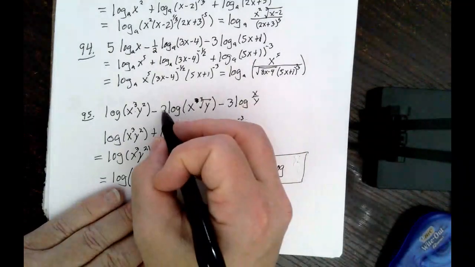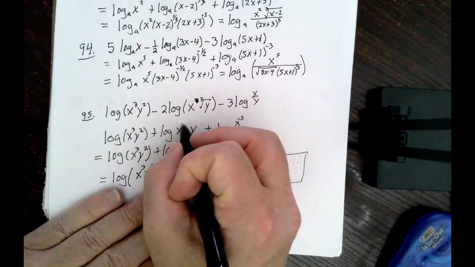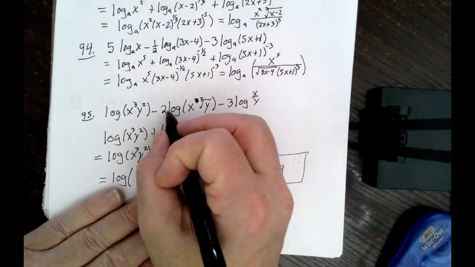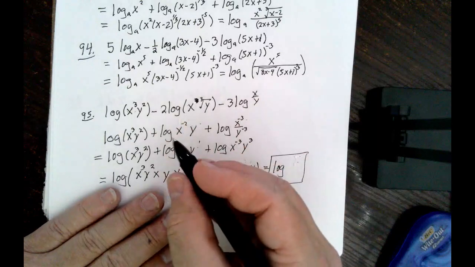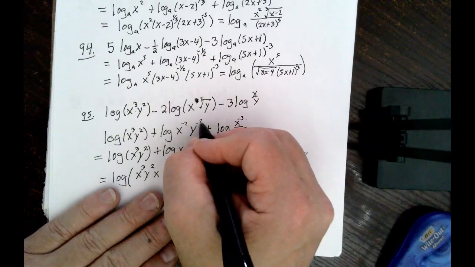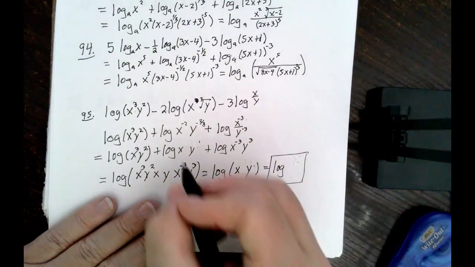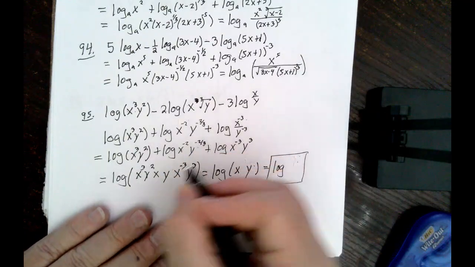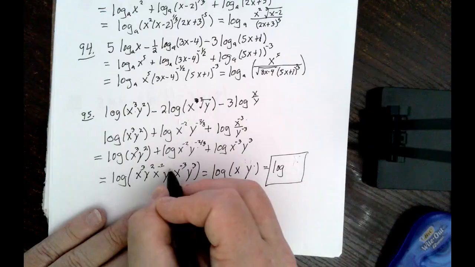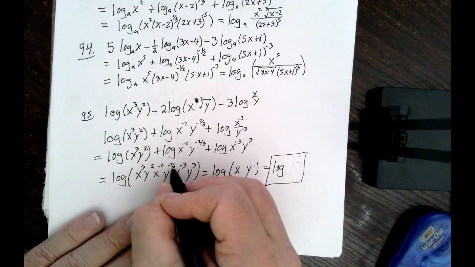So when you raise this to the 2, you get x to the negative 2. And this is a 1/3 power raised to the negative 2, which is negative 2/3 power. Okay, and that's still negative 2, that's still negative 2/3. So that's still negative 2 and negative 2/3.